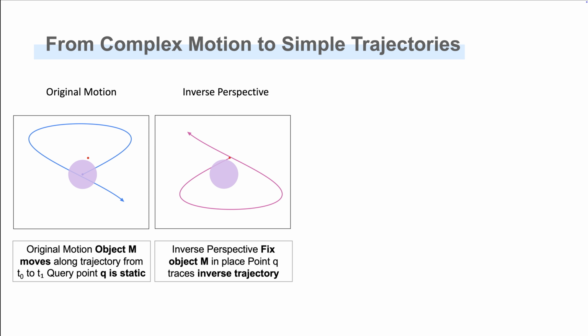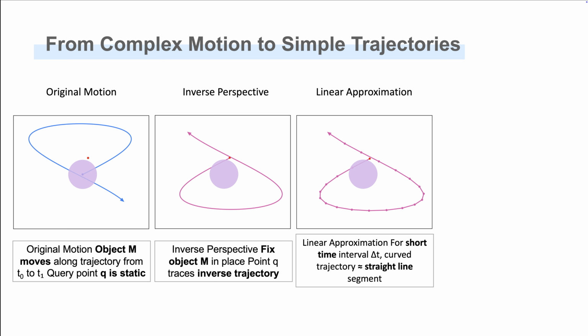Now the object M stays fixed, and the query point Q traces an inverse trajectory, going backwards through the motion. Here's a crucial simplification. For sufficiently short time intervals, this curved inverse trajectory can be well approximated as a straight line segment. This is important because computing distances to line segments is much simpler than dealing with arbitrary curves.